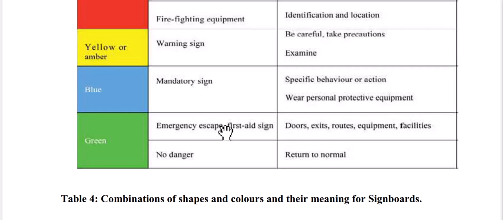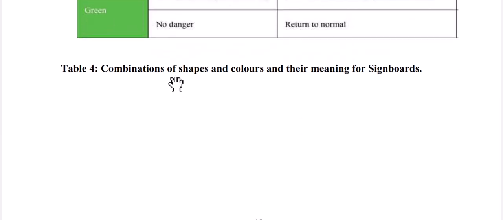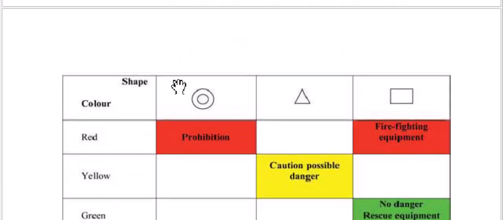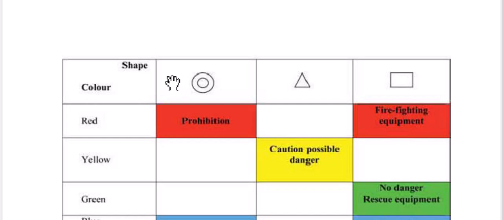We also have the combination of colors. As you have seen the colors there, the colors we have used have been illustrating this information. But we also have a combination of shapes and colors. When we were looking at the signboards, we saw some common shapes. The first one was round, which we used in the prohibition and the mandatory.